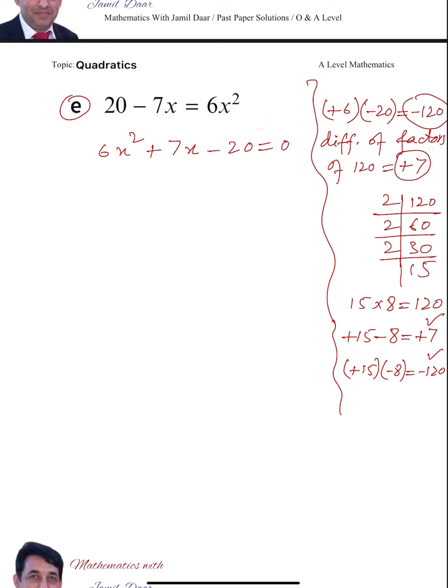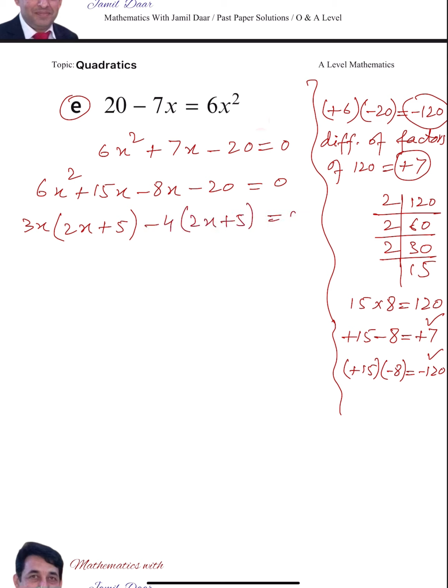So this will become 6x square plus 15x minus 8x minus 20 is equal to 0. So 3x taking common, 2x plus 5, and minus 4, 2x plus 5 is equal to 0.